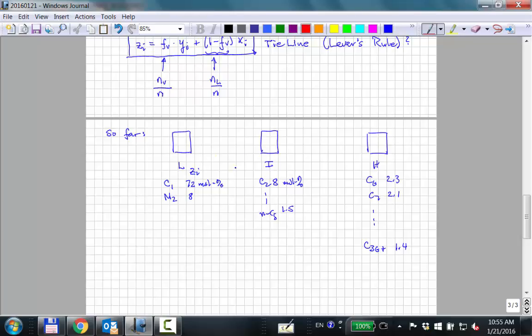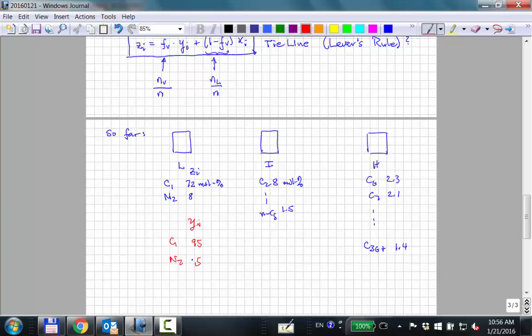If we looked at our yi for the light component, C1 and nitrogen, this might be, I don't know what it's going to be, but 92% and 8 percent, something like that. Okay? In the gas phase, it doesn't have the same relative amounts.